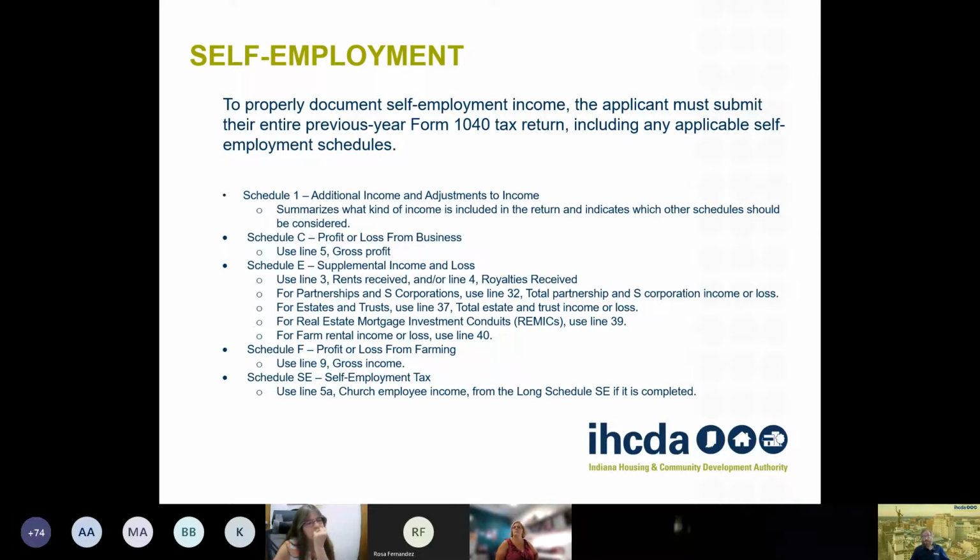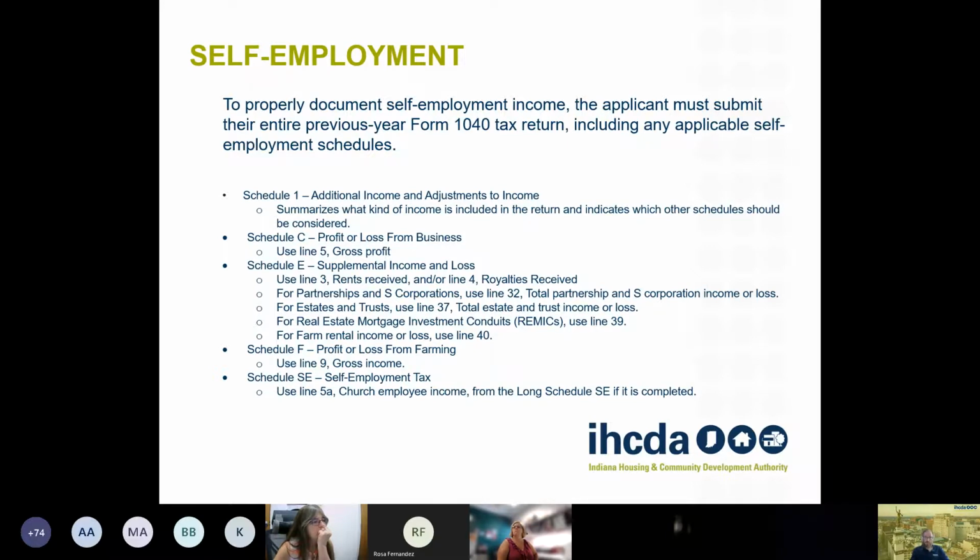Now, the second most common one that we see is the Schedule E. So that's your supplemental income and loss. And that does cover multiple different types of income. So depending on what they have, we might be using different lines. If there's anything on line 3, that indicates that they received rent for property that they own. If you see anything on line 4, that's for royalties that were received.